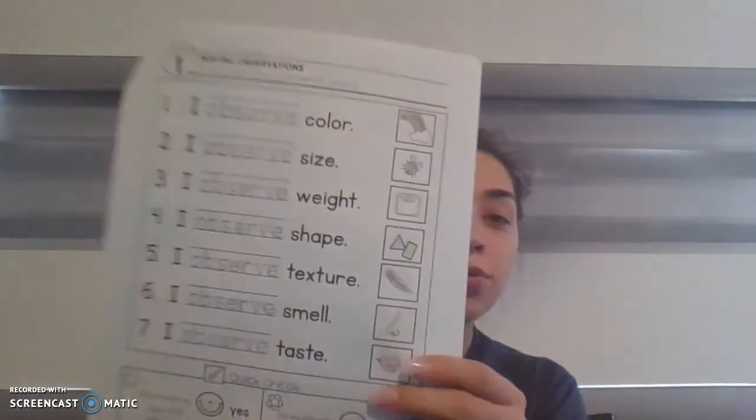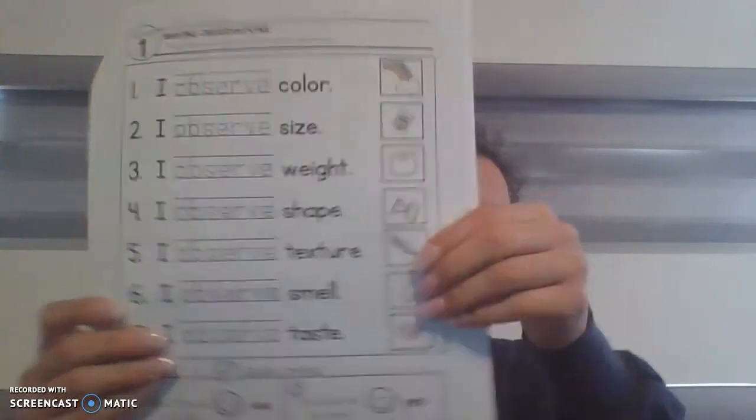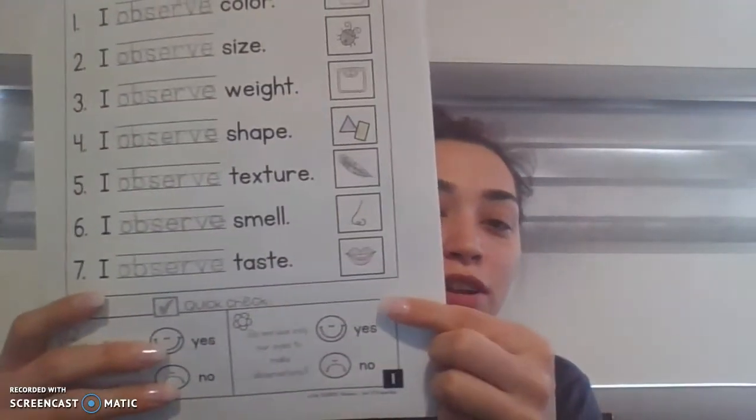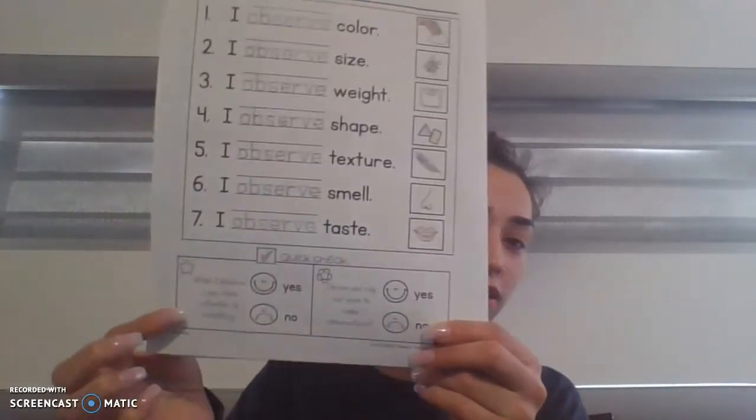Alright, boys and girls, now that we've finished tracing all our words observe, and we colored our pictures, let's go ahead and look at these questions at the bottom. So the first one, it says, when I observe, I pay close attention to something. Yes or no? Think big.